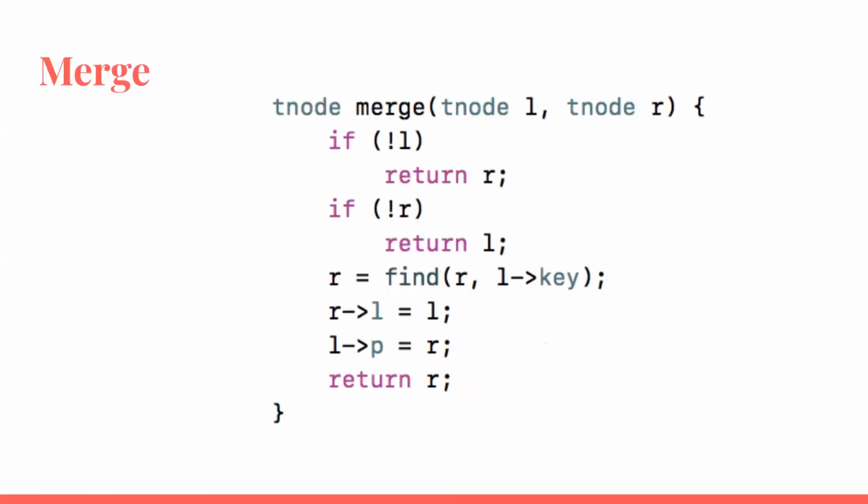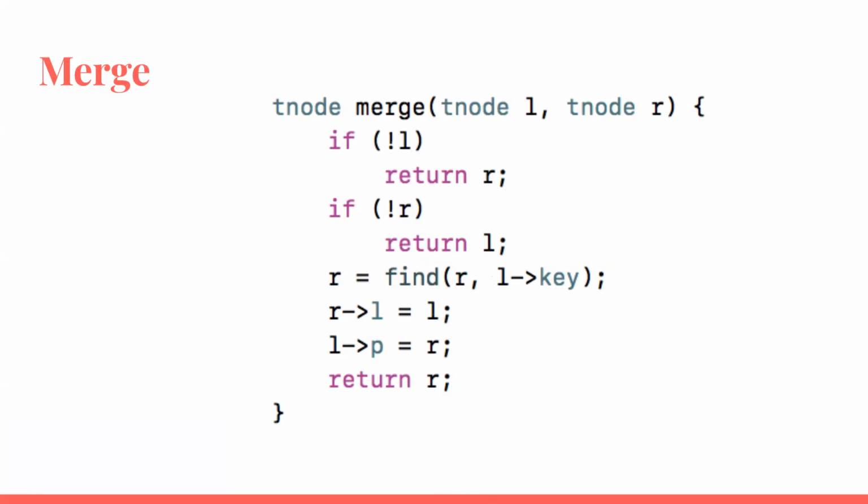Okay, let's continue. So merge. We are going to combine two split trees into one. But for that, all the keys in the left one should be smaller than all the keys in the right one. So if we try to find in R any vertex with L key, we should get the very first element.